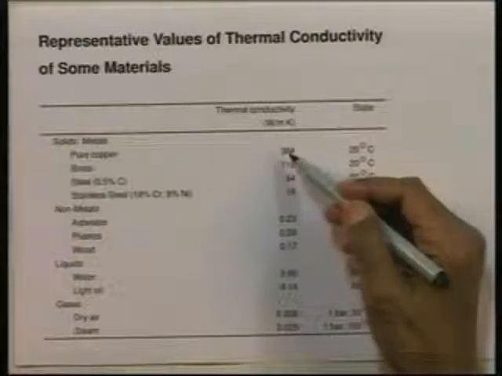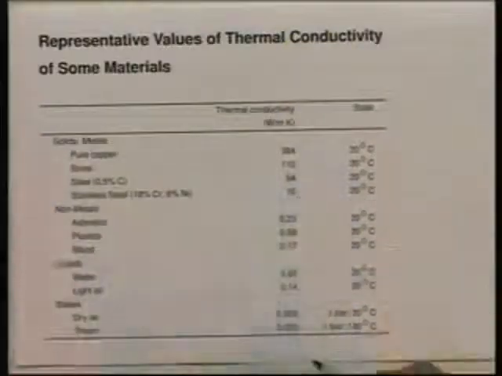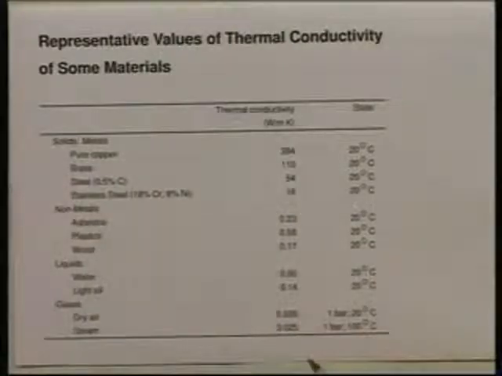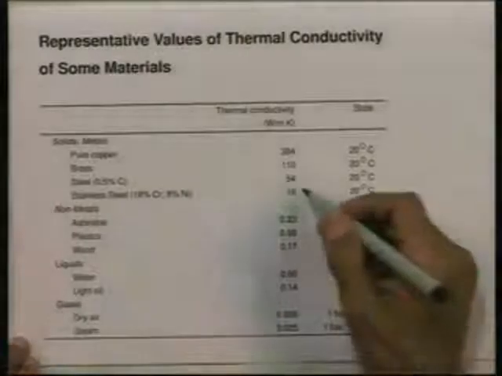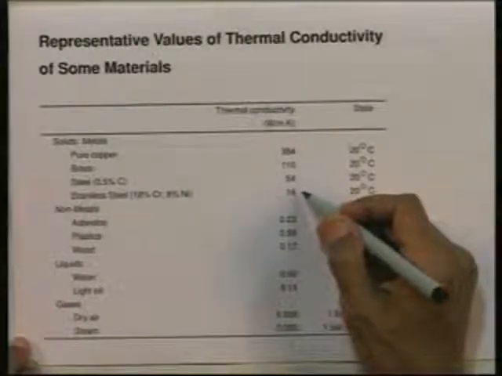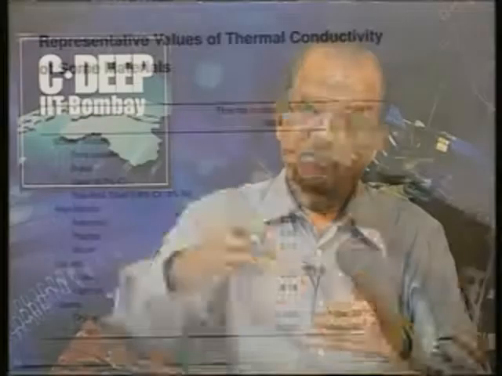If I have pure aluminium, it will be something like 250. The moment I have an alloying material like in brass or in steel or in stainless steel, the value of k drops, and typically may drop to as low as about 10 watts per meter Kelvin. So, the range for metals is all the way from about 10 or 12 up to 300, the highest values being for very pure metals and the lowest values for alloys like stainless steel.